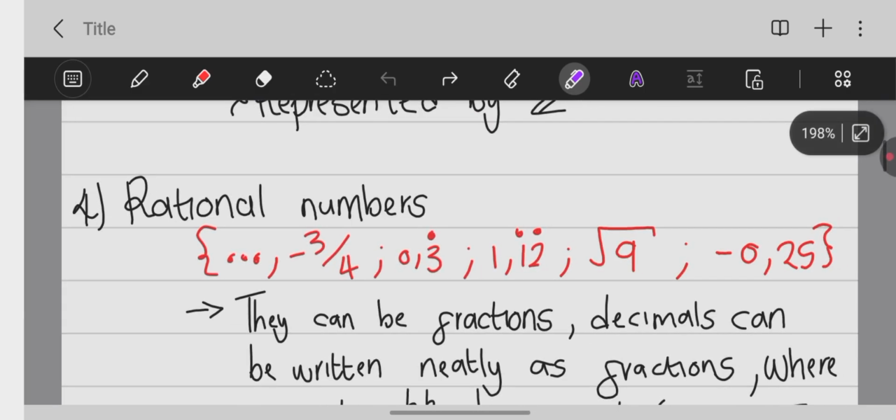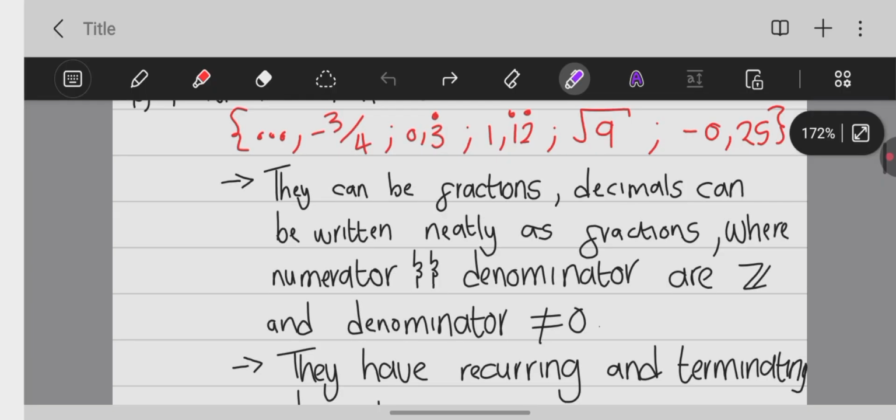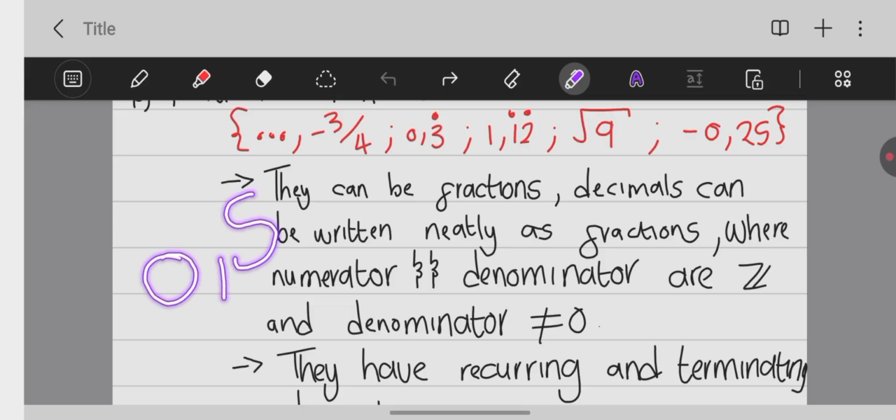Then we have rational numbers. So rational numbers are a set of obviously infinitely many numbers, different kinds of numbers. So it can be represented as fractions. You can have decimals that you can neatly write as fractions. For example, if you have 0.5, I think you can write this as 1/2, right? Neatly.